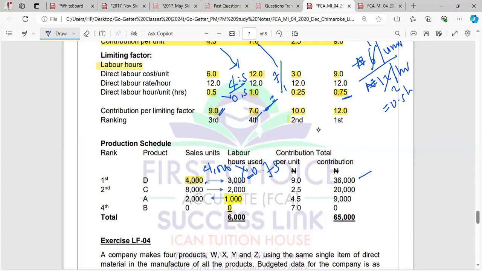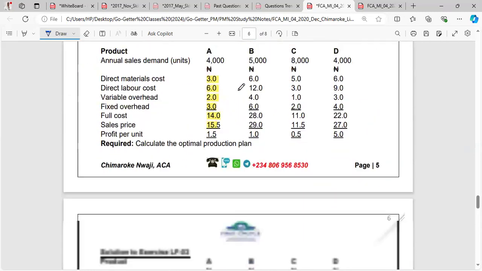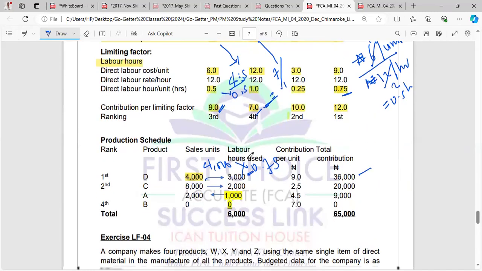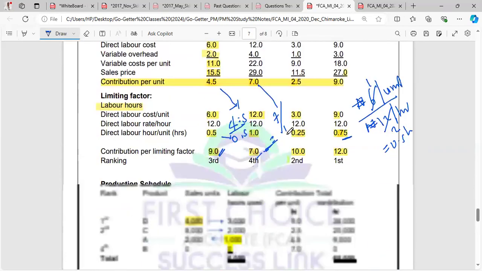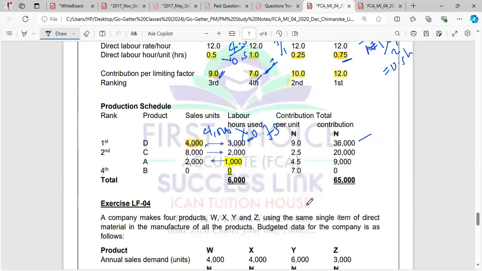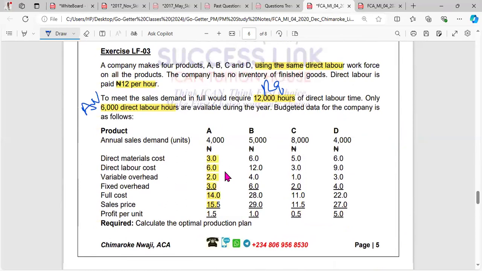That goes. The next one is C, and now C is asking you for what is the number of units for C? 8,000. You are asking yourself now, can it go? You already have 3,000 labor hours used here, as against the 6,000 that we say is available.